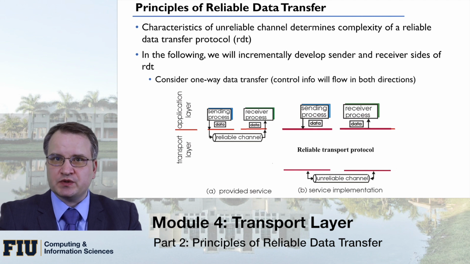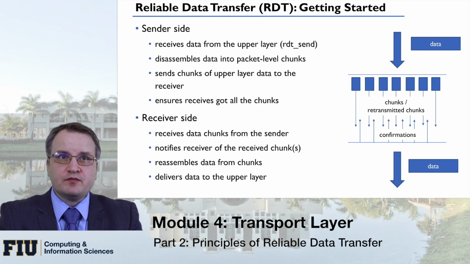However, when the channel is unreliable underneath, it can lose packets, flip the bits of the packets, and reorder packets, and then things get a little more complicated. We'll go over a few exercises, a few cases, to highlight how this problem is non-trivial and a few interesting aspects of it.